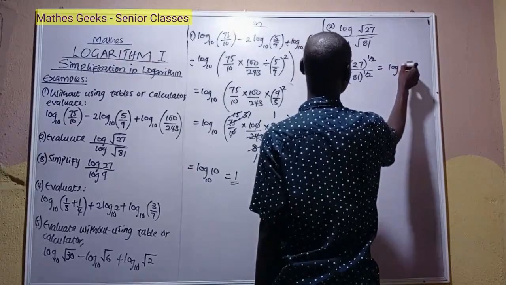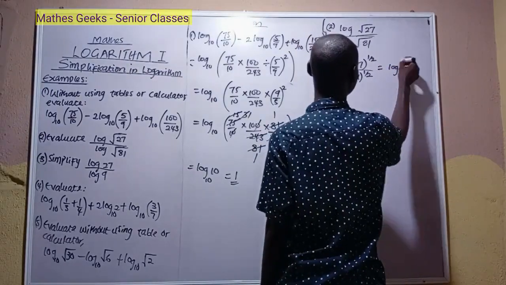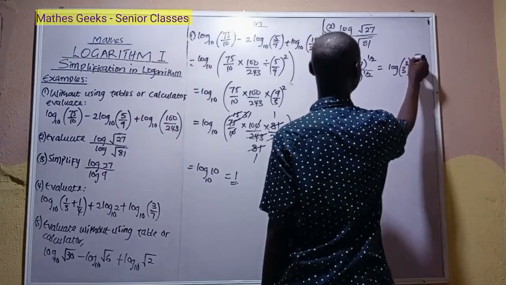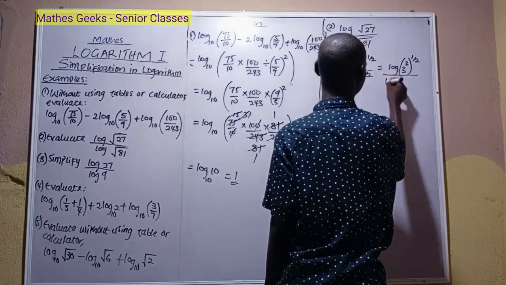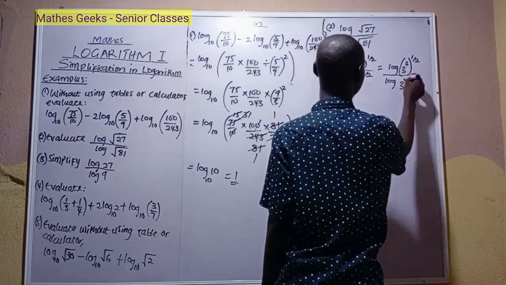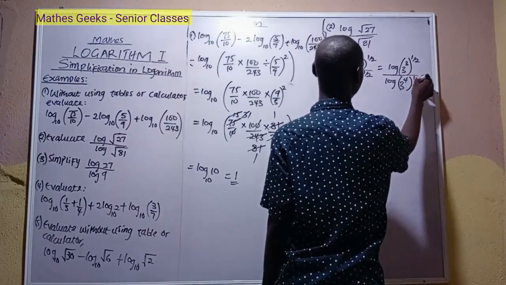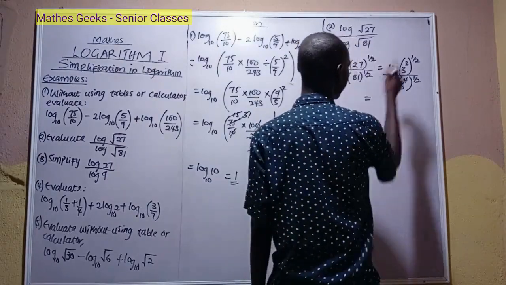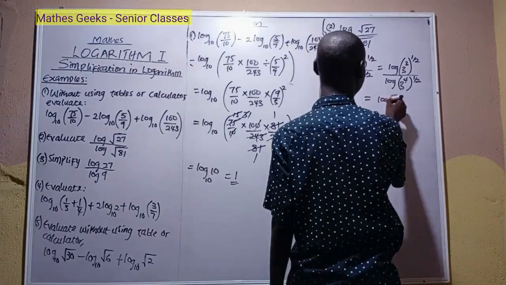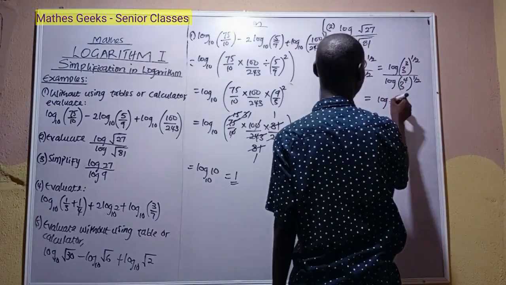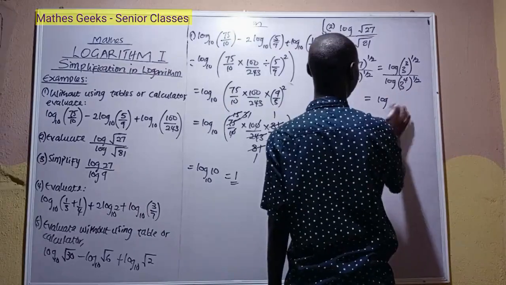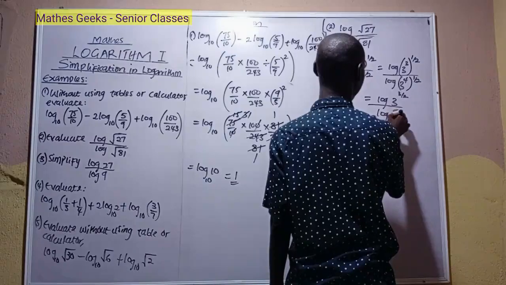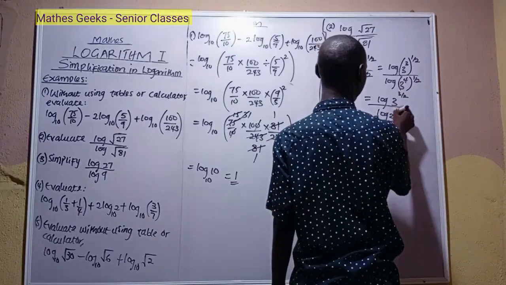And that will give me log 3 raised to 3, raised to 1 over 2, over log 3 raised to power 4, raised to 1 over 2. And this will give me 3 times 3 times 1 will give me 3 over 2 log 3, 4 times 1 is 4 over 2.